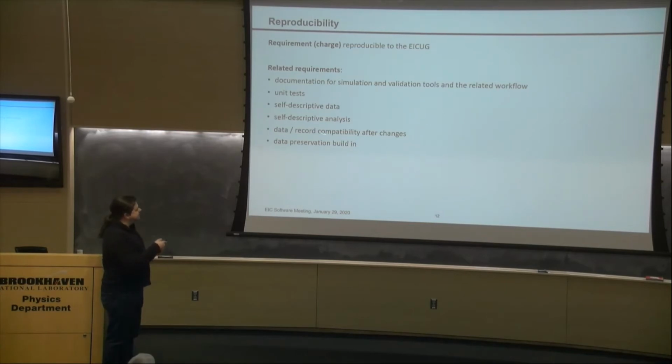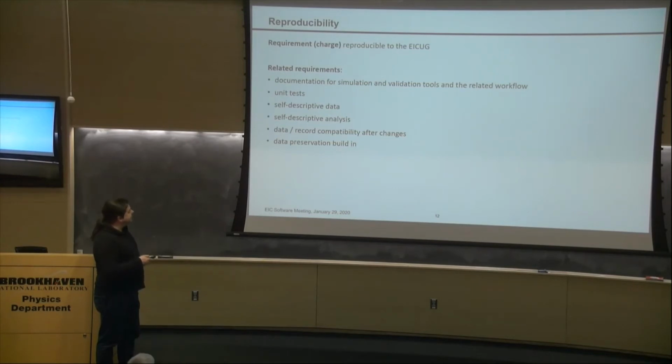And ultimately, that brings us to the requirement of something like data preservation, which is such a difficult task, in particular when you do it at the end of an experiment, to build this into the framework from the beginning. So this was the discussion we had on reproducibility.